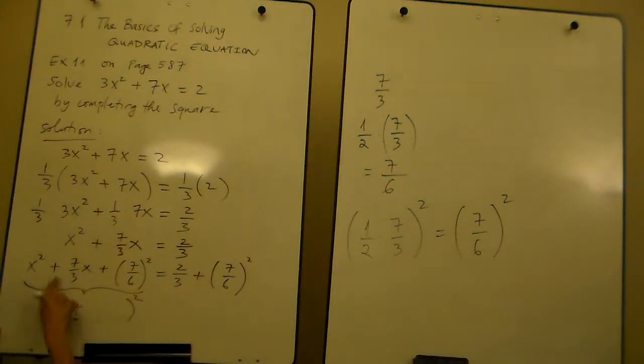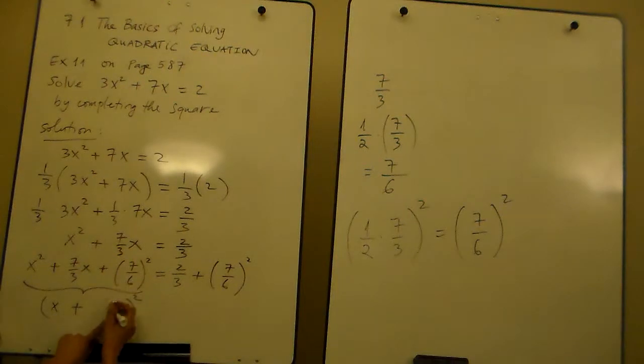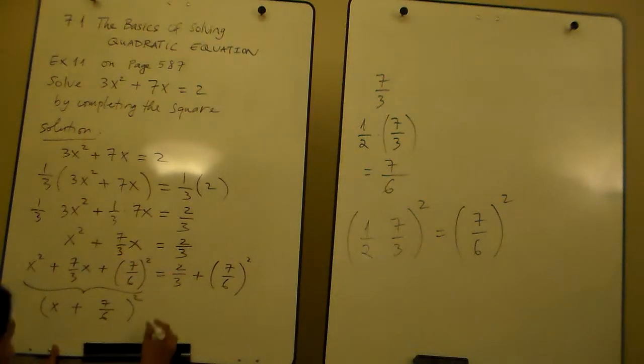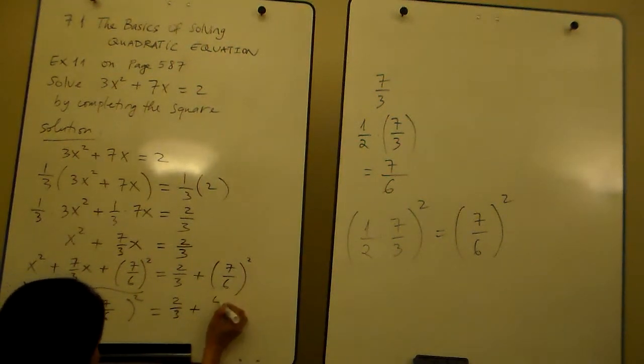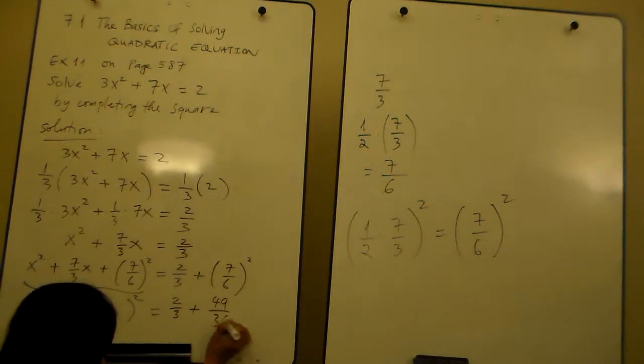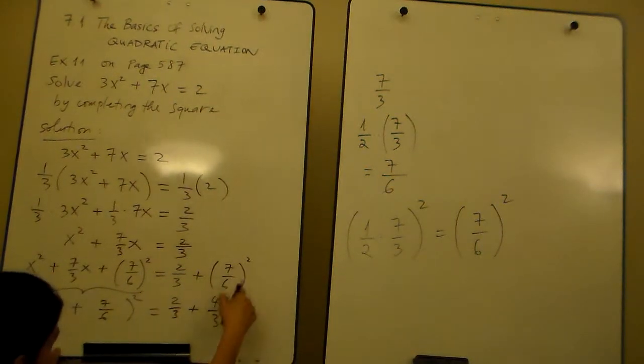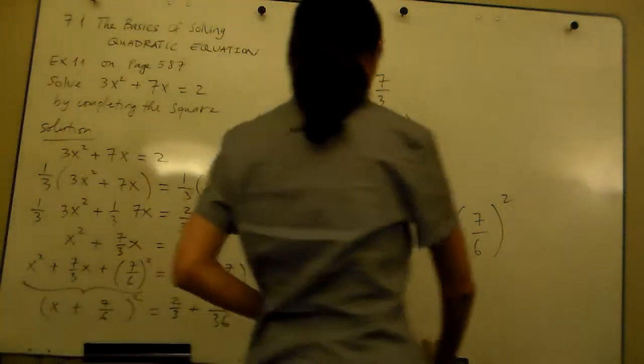If this term is negative, you would have negative here, but because positive, you have positive here, and plus 7 over 6, and then equal to, simplify this, you have 2 over 3 plus, this is 49 over 36. When you square this out, 7 squared is 49, 6 squared is 36.